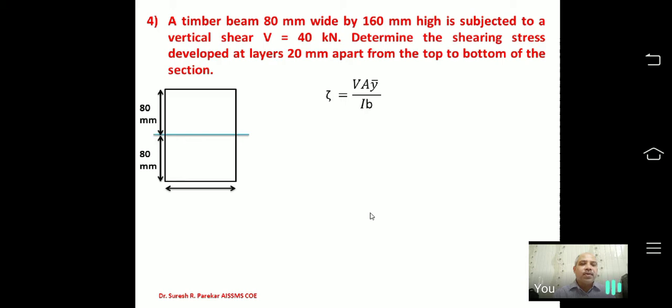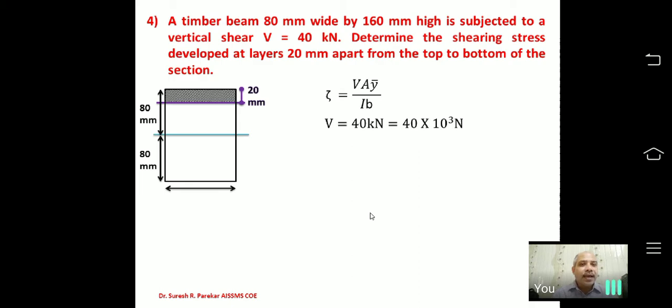Formula we have tau equal to VAy bar upon IB. V is given, 40 into 10 raised to 3 newtons. Now see which portion: 20 millimeter from top towards bottom. So this area which we have shaded. Now AyBar, we know, is the moment of area above that fiber about the neutral axis.